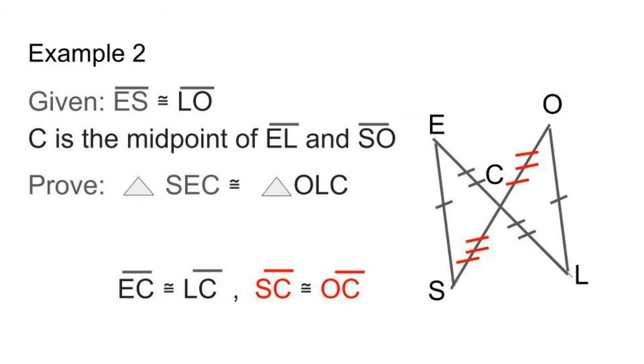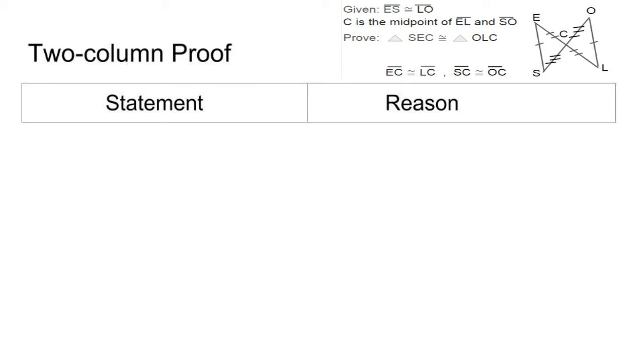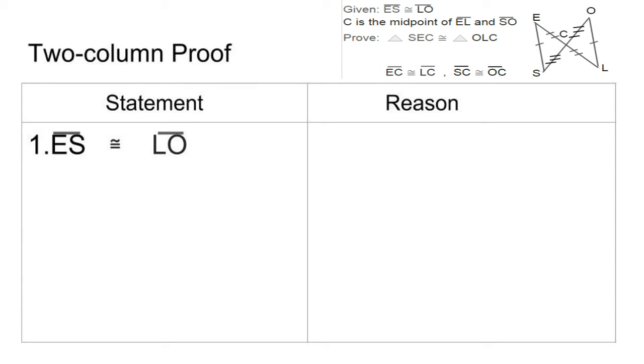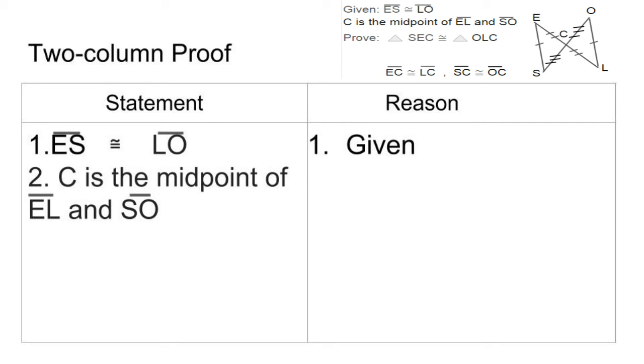Note that we already have three corresponding sides congruent. Let's start our two-column proof. Segment ES is congruent to segment LO, given. The next is point C is the midpoint of segment EL and segment SO. That is also given. Since point C is the midpoint of segment EL and segment SO, then segment EC is congruent to segment LC, and that is definition of midpoint.